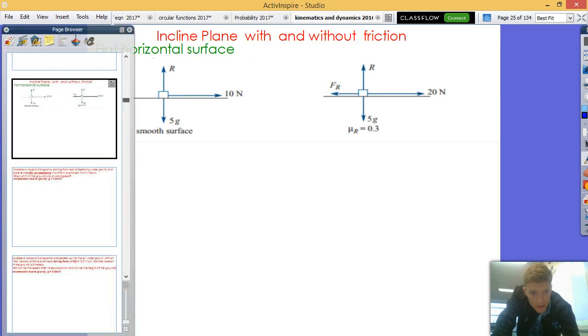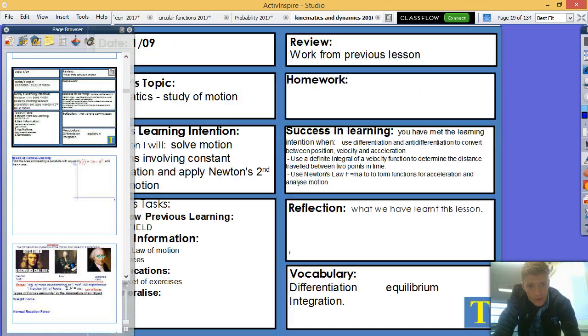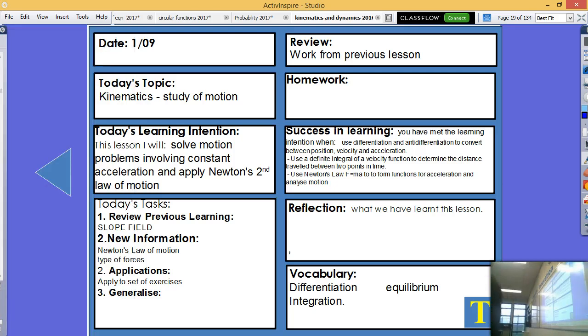Very good. So, we're going to be moving forward because we need to start some work on kinematics. To begin with, we're going to look at some kinematics involving constant acceleration and look at applying Newton's second law and see what that means.